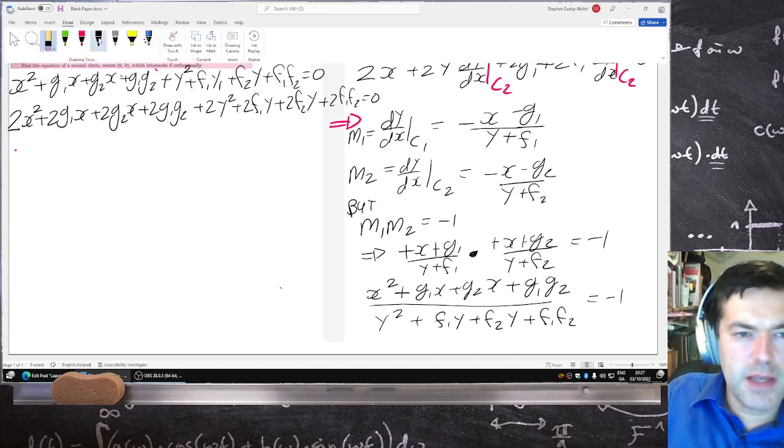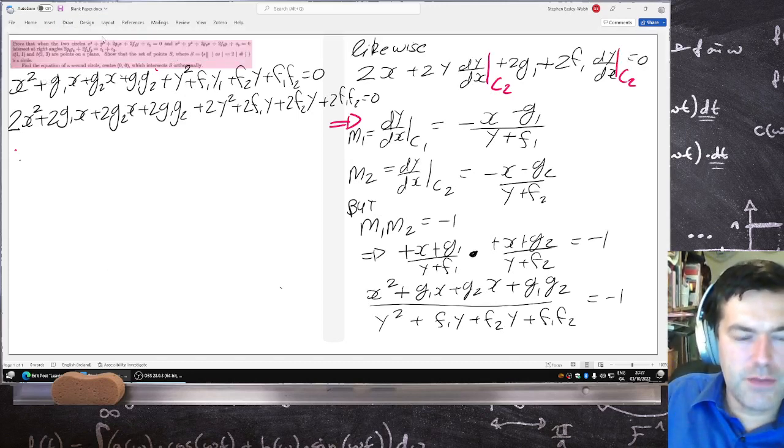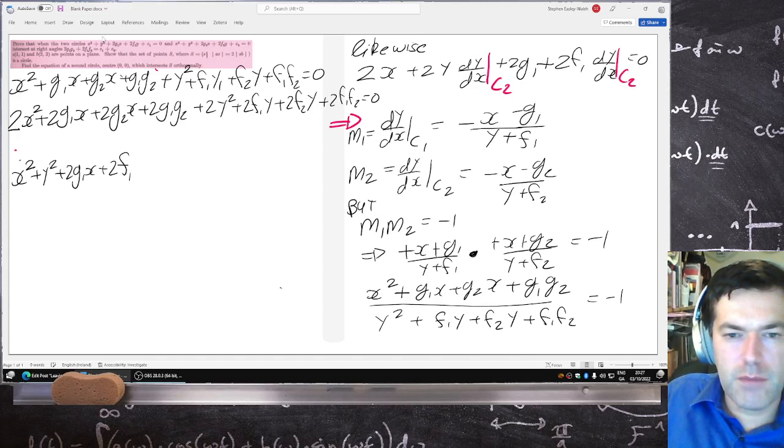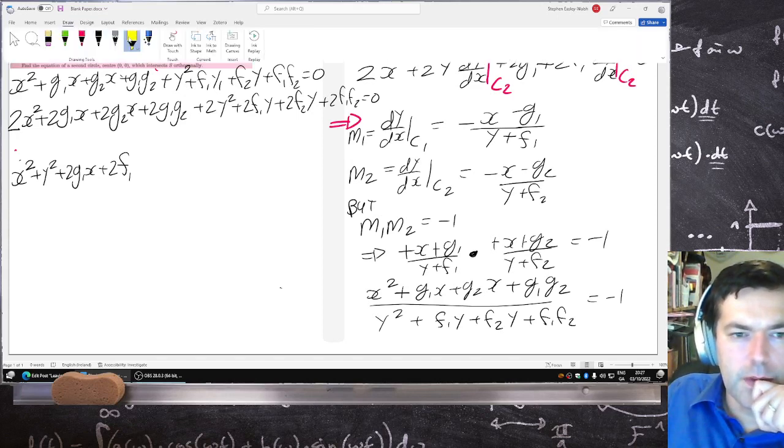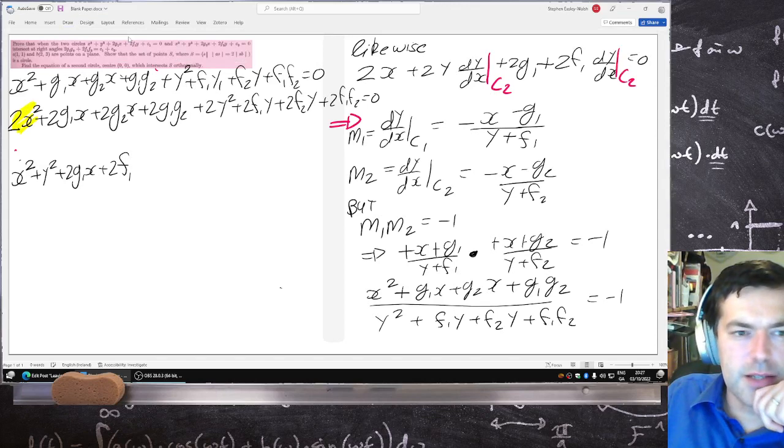So let's make our equation. So we have 2x squared, so we can make an x squared plus a y squared plus a 2g1x plus a 2f1y. So I'm going to split this.